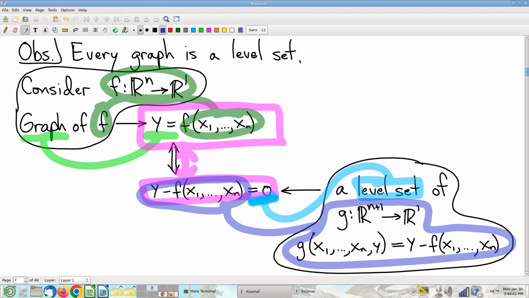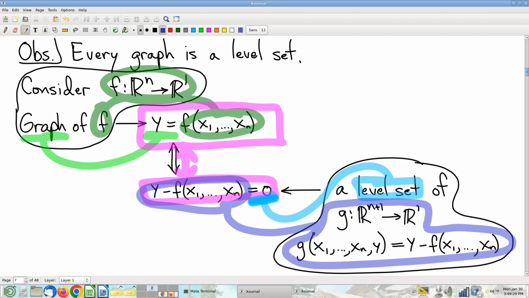This has more variables in it than f does. f has n input variables. To compute the thing on the left side of this bottom equation, this thing has n plus 1 variables. I'm going to need to know the values of x1 through xn and y. So it's a function of n plus 1 variables.